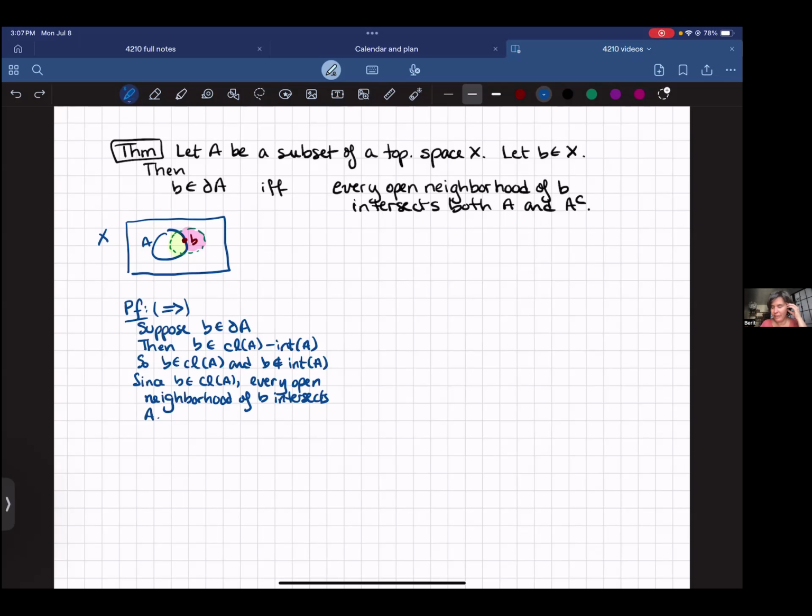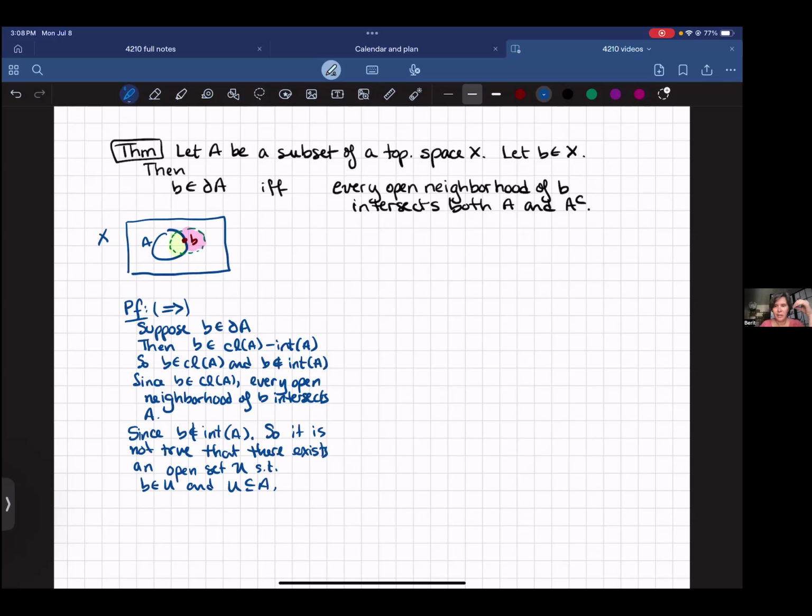Well, B is not in the interior of A. If B were in the interior, that would mean that there exists an open neighborhood contained in A. So it is not true that there exists an open set U such that B is in U and U is a subset of A. I'm saying that it's not in the interior, so this is not true.